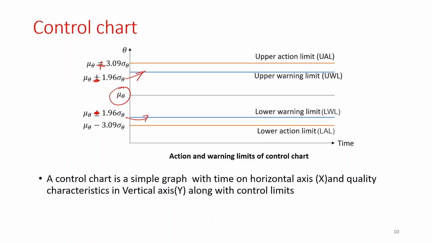A control chart is a simple graph with time on the horizontal axis and the quality characteristic, that is y, on the vertical axis, along with the control limits. That is what a control chart is. The diagram that you see now is the control chart, a chart without any data points.